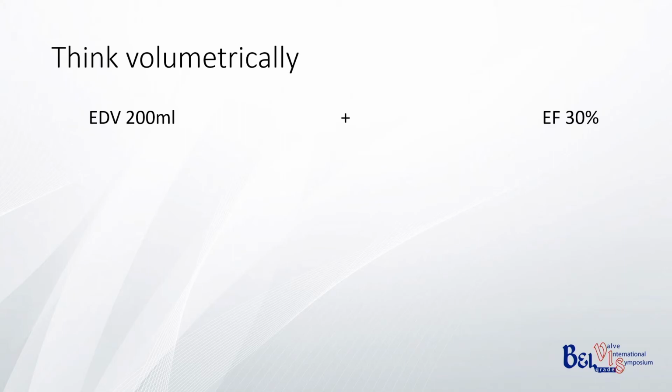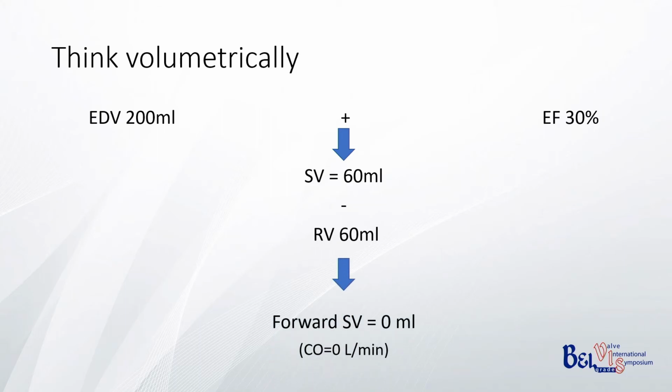So this is 200 mils and 30% ejection fraction. This gives you 60 mils of stroke volume. And if you consider ERO 0.4, 60 mils of regurgitant volume, then these patients are left with no forward stroke volume whatsoever.